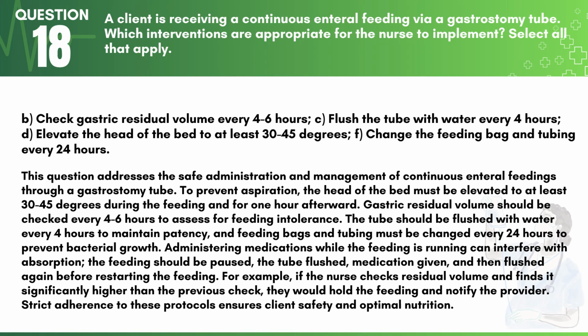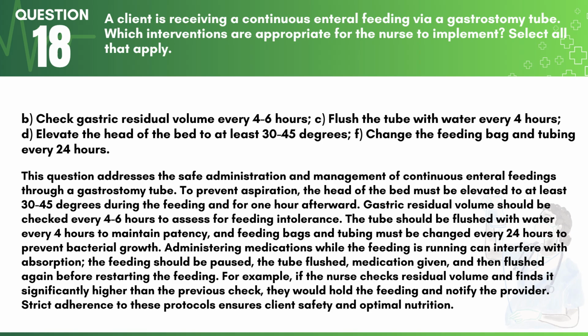Answer. Check gastric residual volume every 4 to 6 hours, flush the tube with water every 4 hours, elevate the head of the bed to at least 30 to 45 degrees, change the feeding bag and tubing every 24 hours. This question addresses the safe administration and management of continuous enteral feedings through a gastrostomy tube.